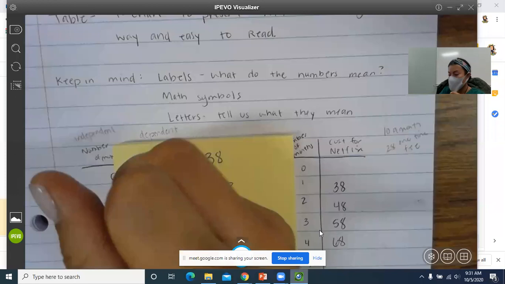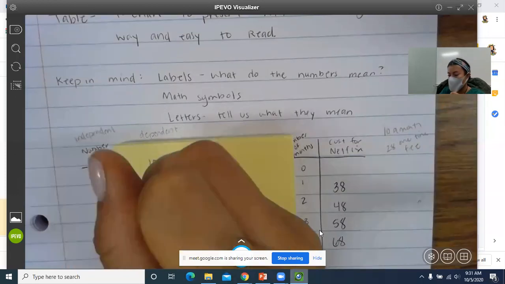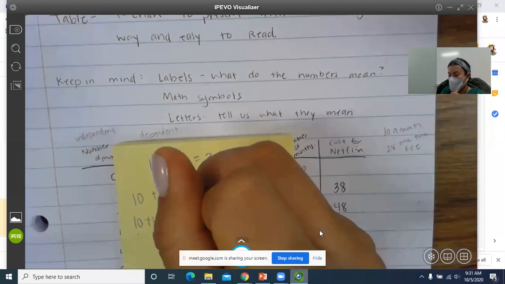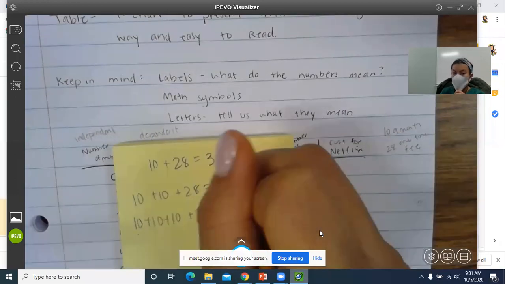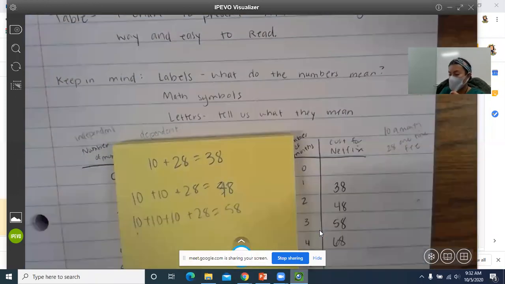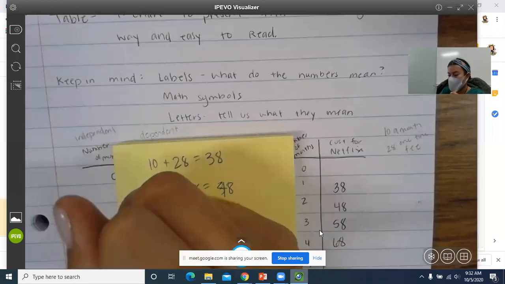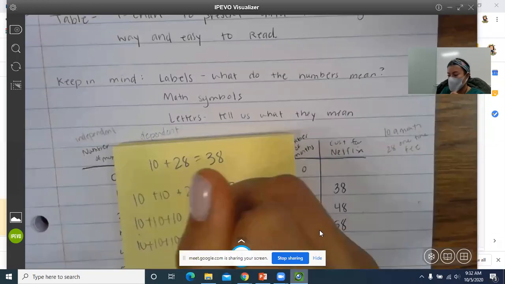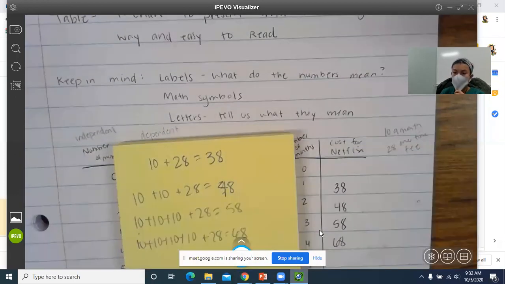If you were with them for 3 months, that's 1, 2, 3 months, plus the $28, that would be $58. If you're with them for 4 months, you'd pay $10 every month for 4 months plus the one-time fee, and that would be a total of $68.